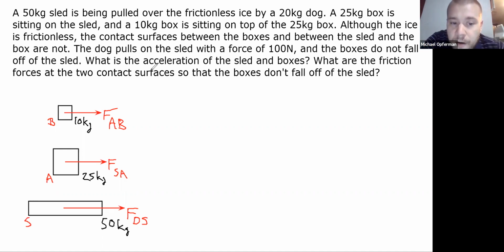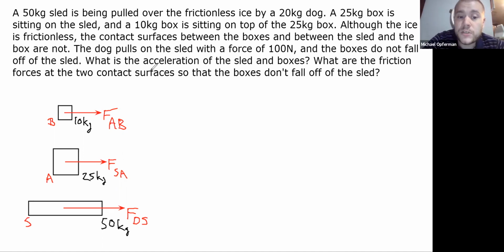I put a force here, FSA, the force of the sled on A. If the sled is exerting a force on A, Newton's third law says that A also has to be exerting a force on the sled. So I have to include that force as well.